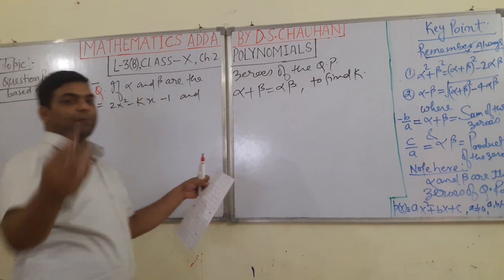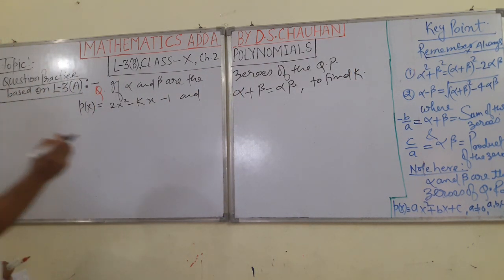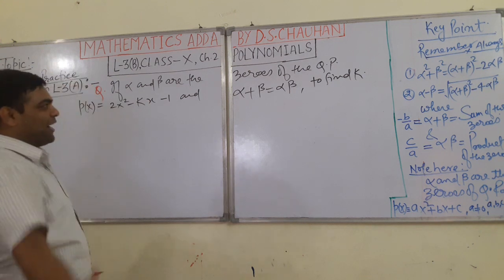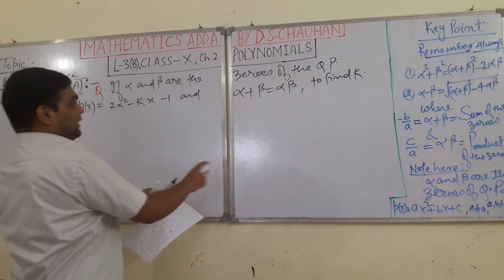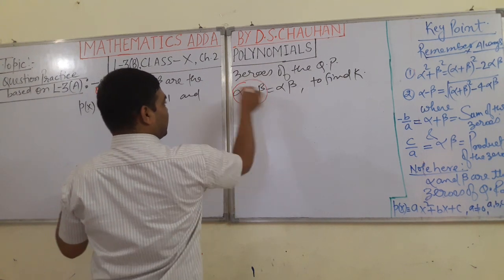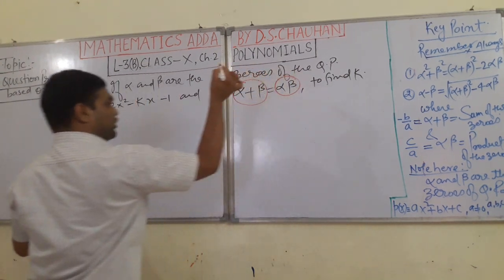See, this is the question in front of you. How to solve such type of problem? Very easily you can understand, students. You know that this is the sum of the zeros and this is the product of the zeros.